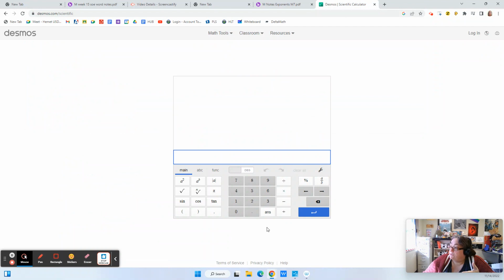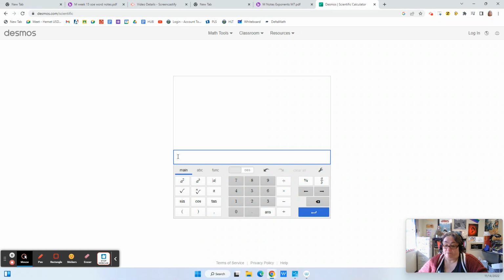Now, sometimes you're going to see problems like this. This says a squared or a to the b. That means we don't know. Like a squared, if it's 2, we could just use this and that's going to give us a square.